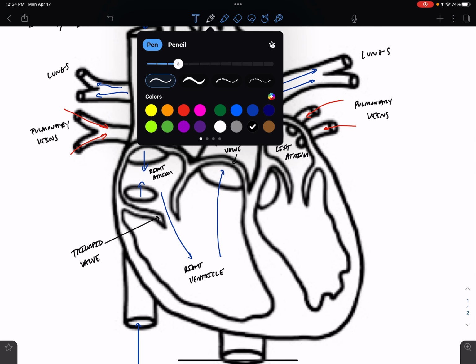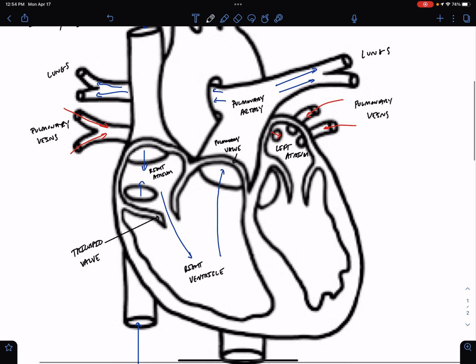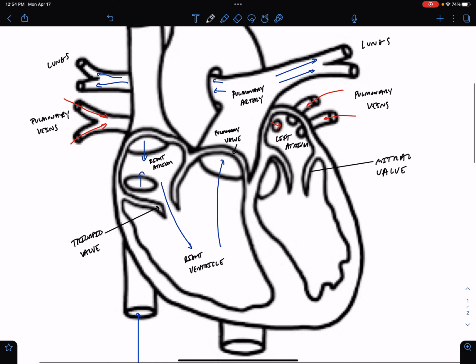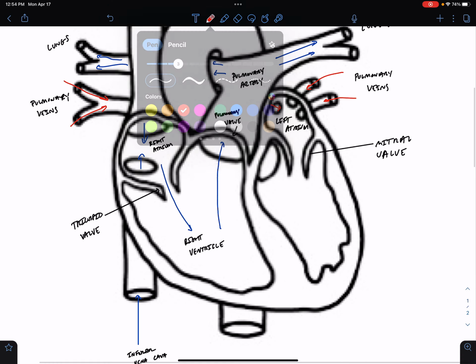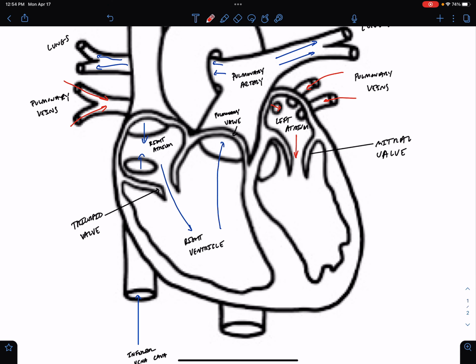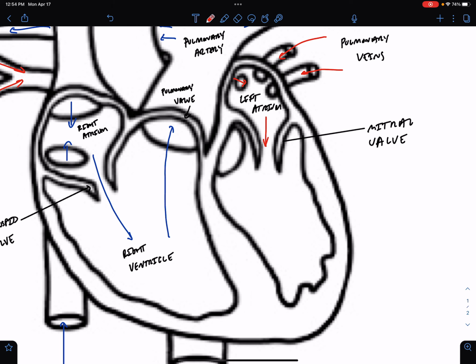It's going to move through the mitral valve into the left ventricle.